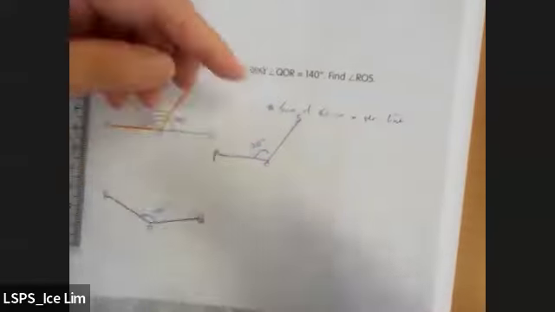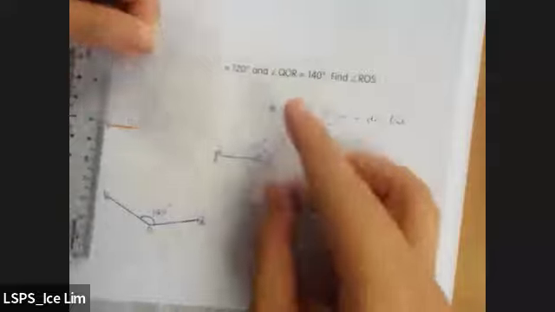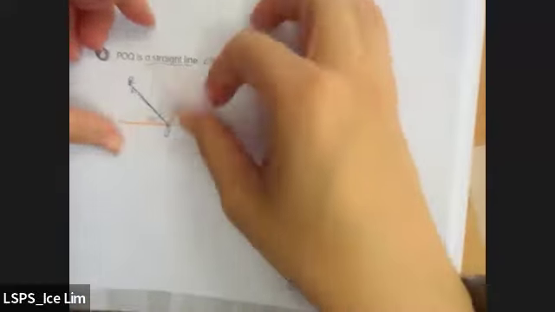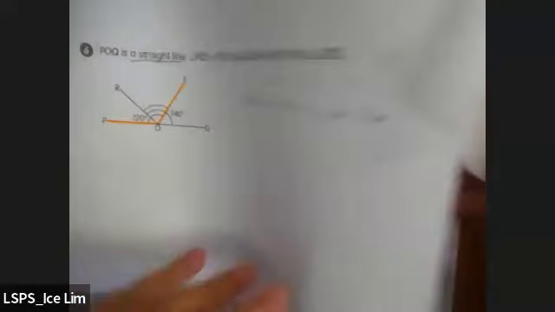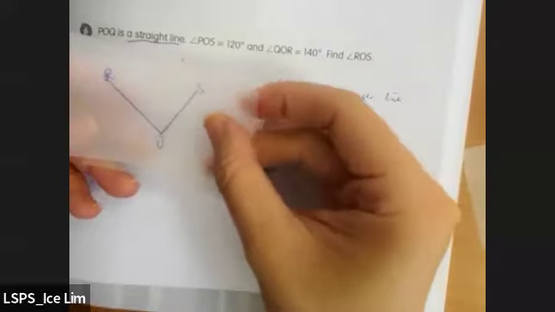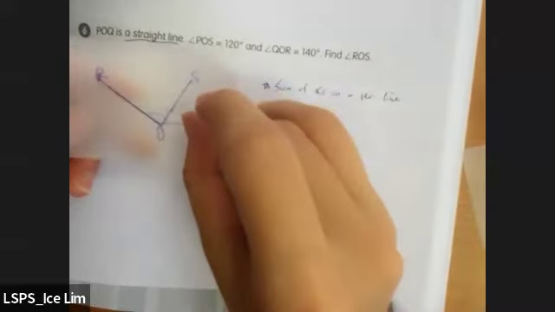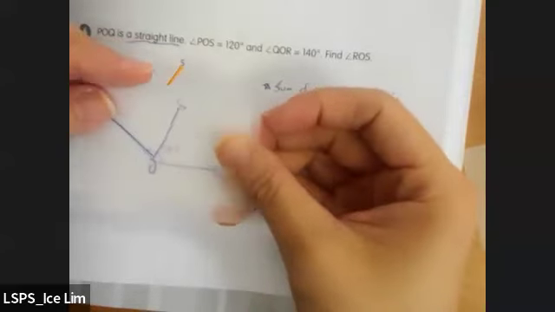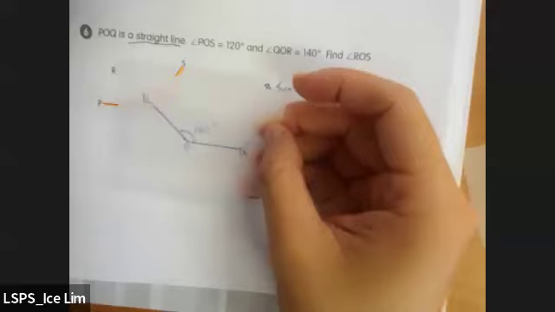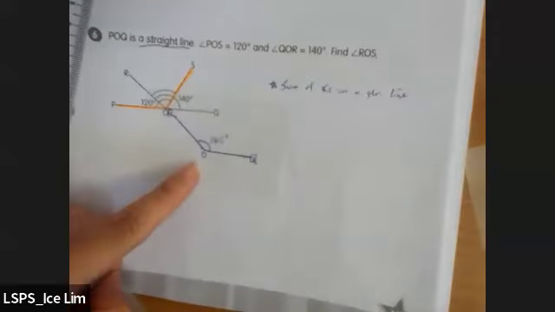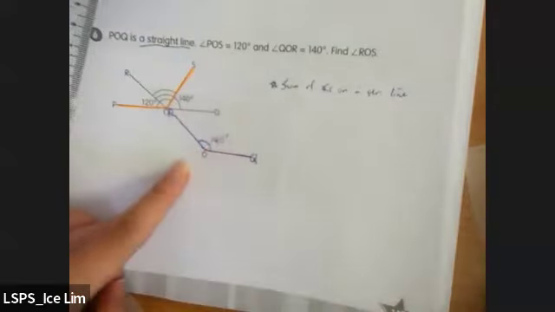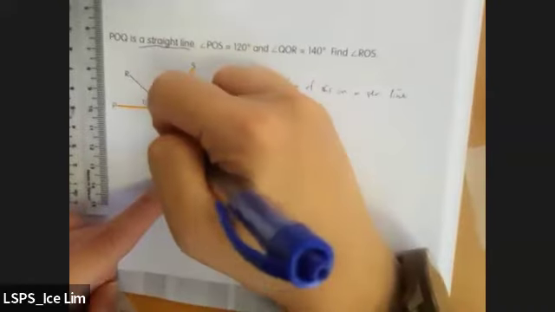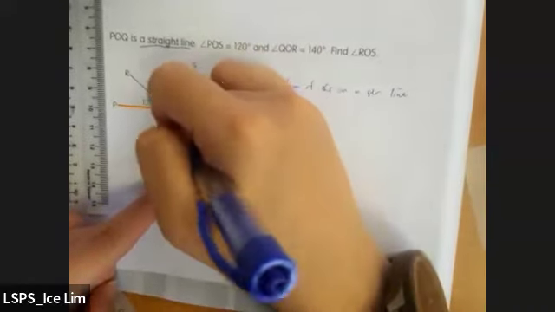So you realize that ROS here is one part of ROQ. If I take 180 minus 140, I get one part here, which is 40.